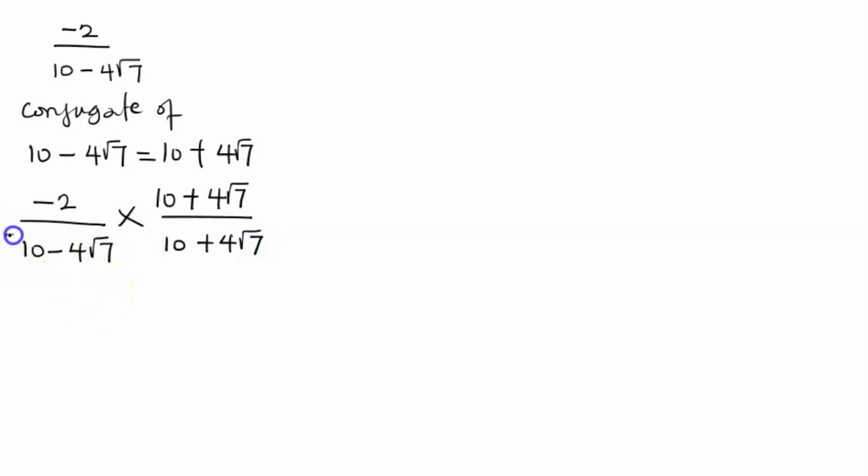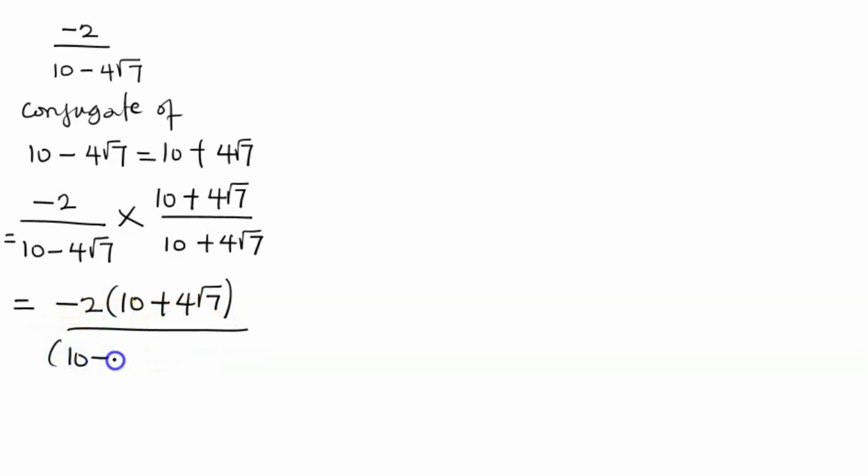All right, so if we do that, we are going to have here negative 2 into 10 plus 4 root 7, divided by 10 minus 4 root 7 times 10 plus 4 root 7. Okay, so we can open this up and have negative 20 negative 8 root 7.